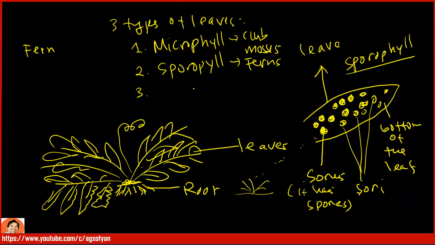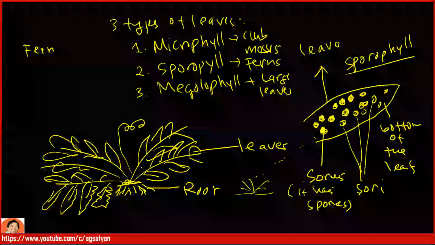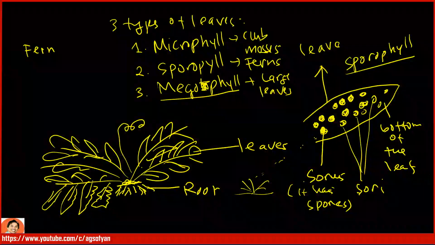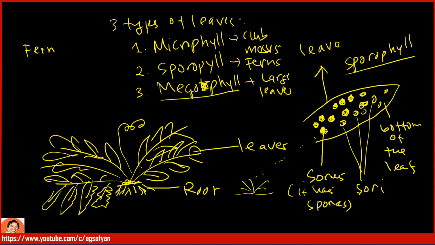And the last one is called the megaphyll, which is a large leaf, mostly on the seed vascular plants. I'm sorry, I said megalophyll, but it should be megaphyll, a large leaf that is usually present in seed plants.